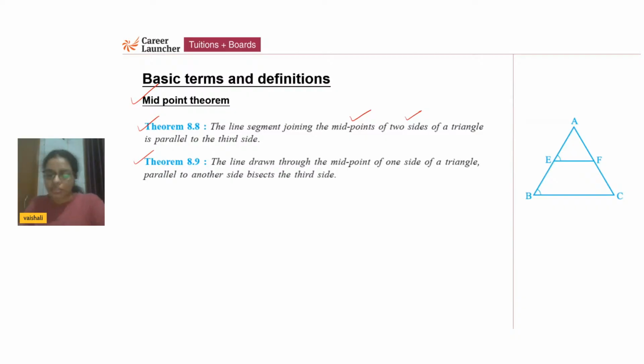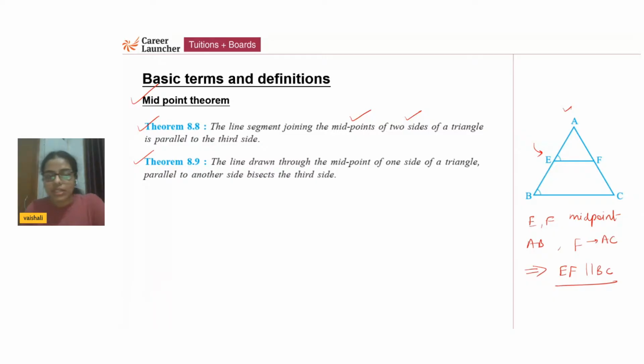Okay, so if E and F are the midpoints of AB and AC, E is the midpoint of AB and F is the midpoint of AC. If both of them are midpoints, then I can say that the line EF must be parallel to the line BC. So this is my theorem 8.8.